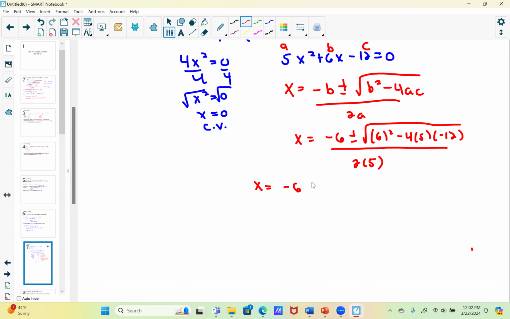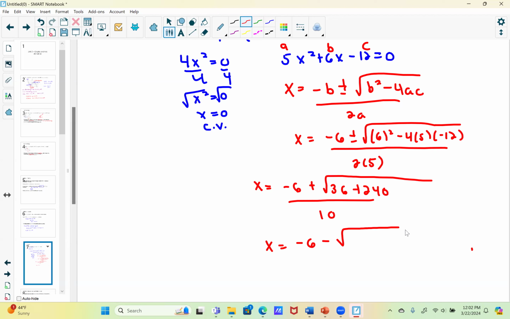So this is negative 6 plus, I'm going to do a little bit of simplifying. 6 squared is 36. If I multiply negative 4 times 5 times negative 12, I get plus 240 over 10. And then my other one will be negative 6 minus that. Then I'm going to just type this in my calculator to get the two values.